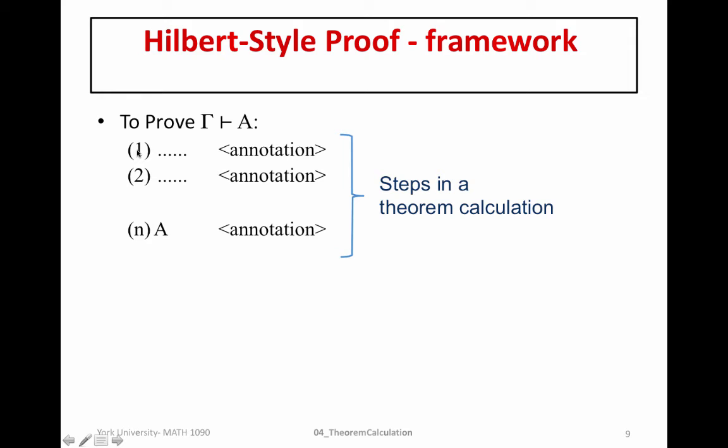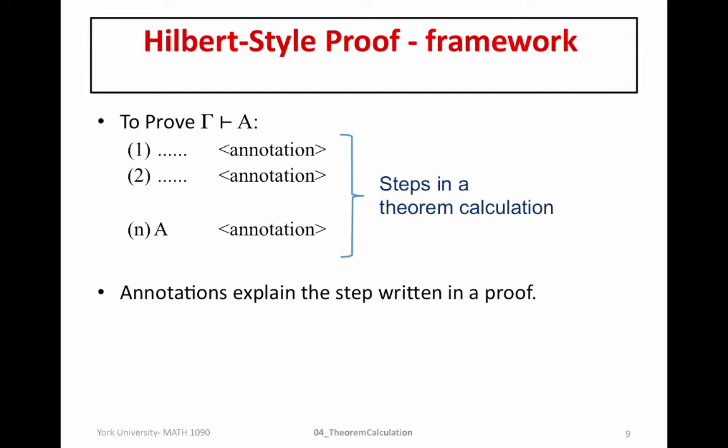You'll write the number 1 and write either an axiom or an assumption from gamma, and the annotations are used to explain the step written in the proof. Because the first step of a theorem calculation says that we can only write a well-formed formula from lambda, or axioms, or a well-formed formula which is in gamma, or assumptions, we would simply write one of those and identify it either as an axiom or as an assumption.